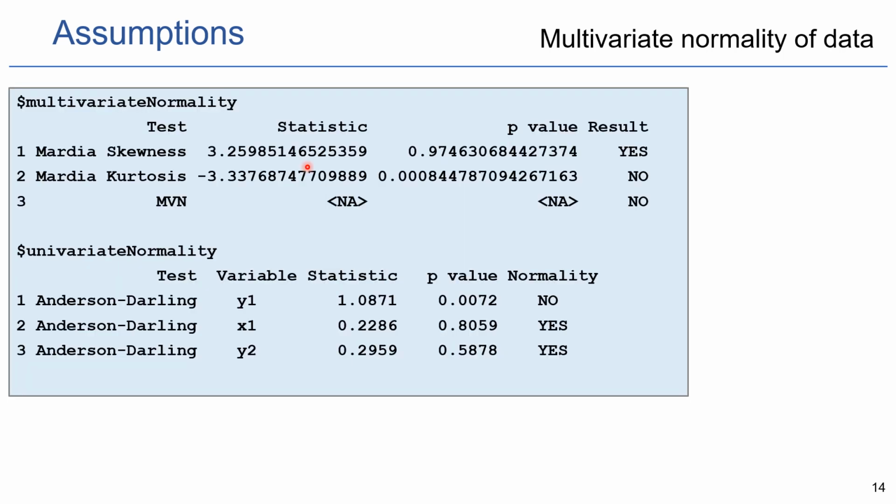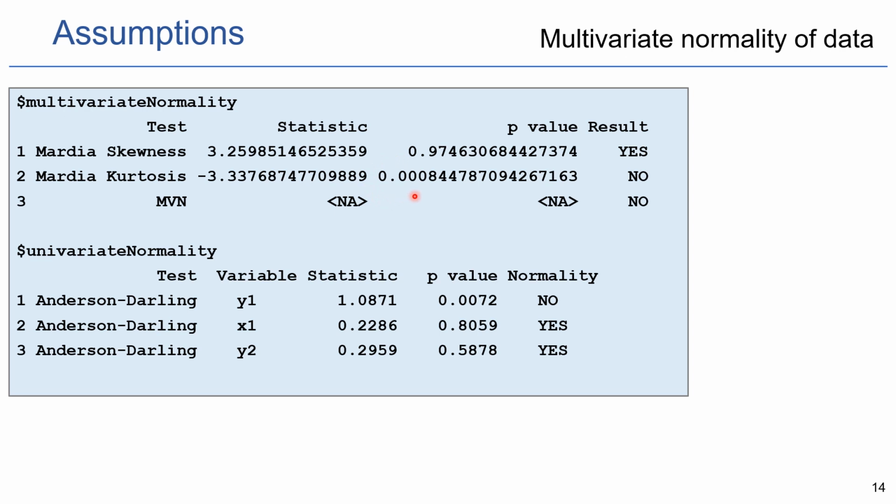And here are the results from this function, and in the first part of the table we see the test for the skewness and for the kurtosis of the distribution of the data. And based on these two, the test assesses whether our data are multivariate normal. This evidence is based on the p-values associated with the skewness and kurtosis, which should be higher than 0.05.